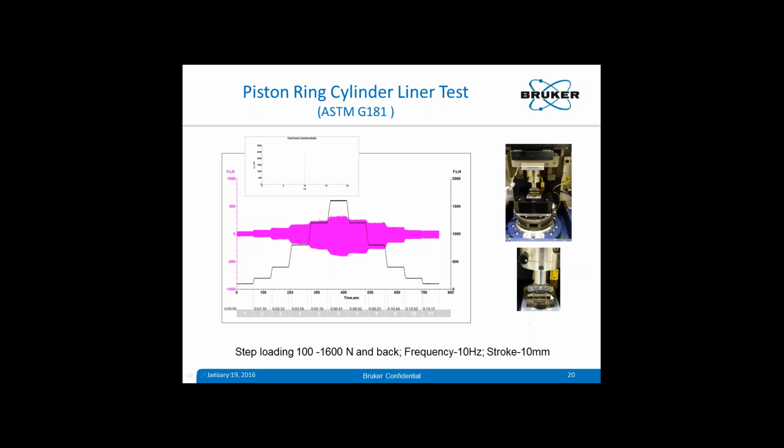Those settings are done using a special tool developed here, which can be used to maintain the perpendicularity of this setup so that the piston ring segment is installed perpendicular to the liner, and when it moves, it moves along perpendicular directions.